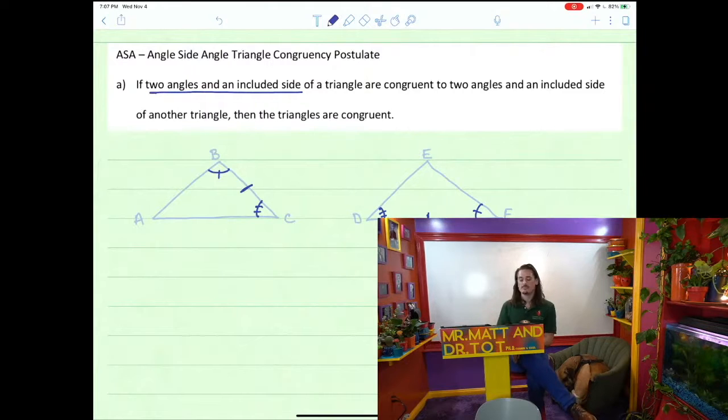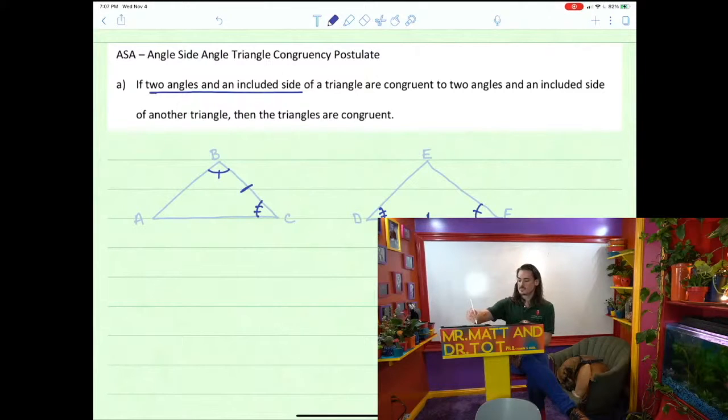These diagrams may not be drawn to scale, so they might be tricking you with the picture, because sometimes they tell you that the diagram's not drawn to scale, so it's not a correct visual representation of the real relationships between the angles and side lengths here. So long as you see the congruency patterns, where the little dashes mean that those corresponding angles or corresponding side lengths are equal to each other. So if you get that pattern that is angle side angle, making sure that the side is the included side, then you know that these triangles are congruent.